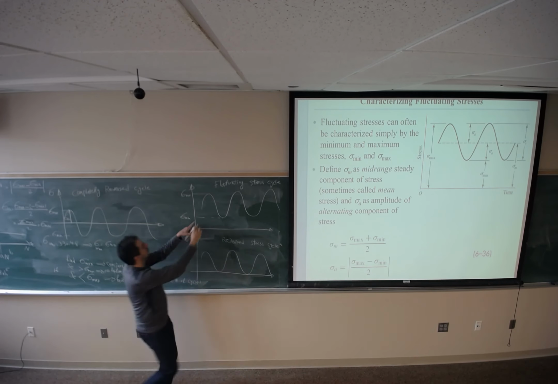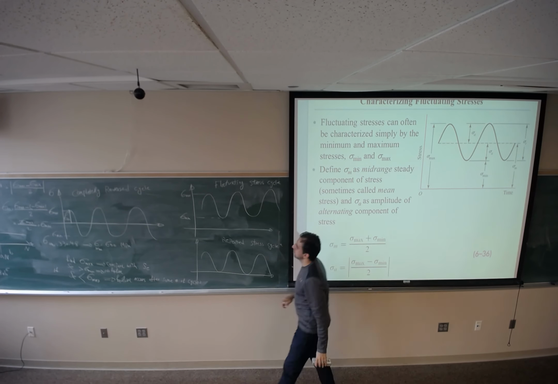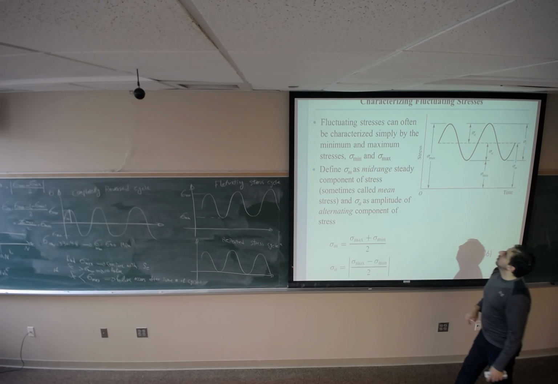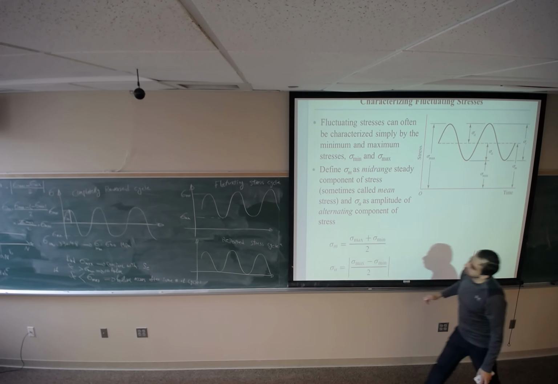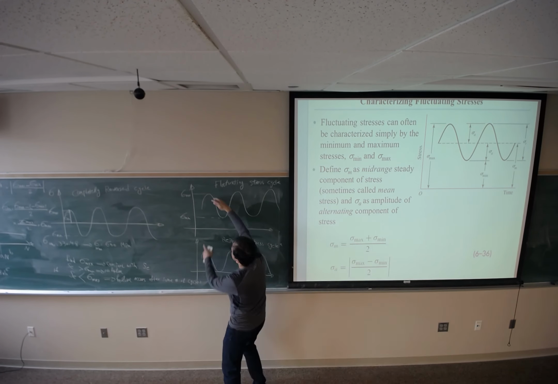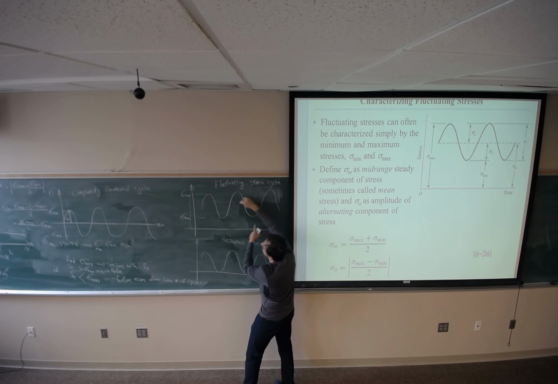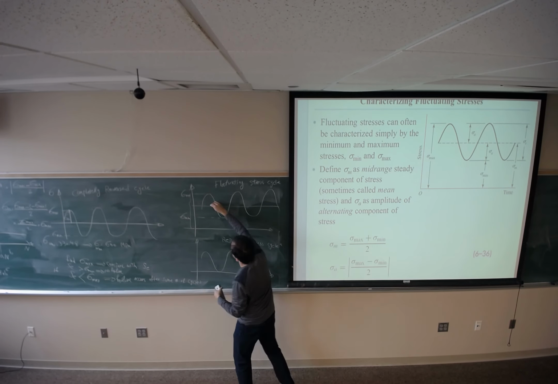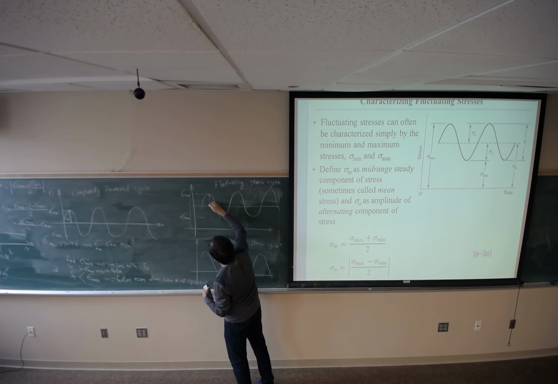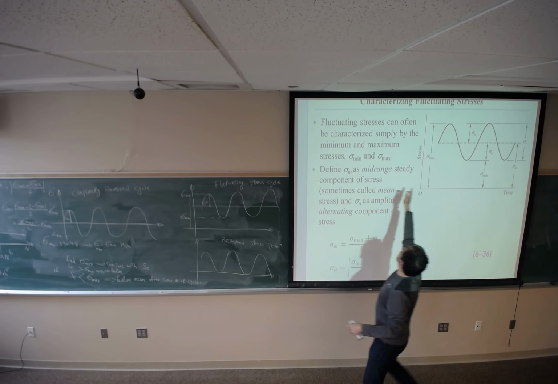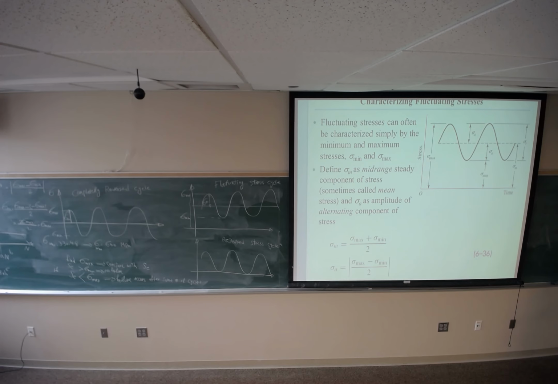Here, this minus this is going to be this one, divided by 2 is going to be half of this, which is this value, as you see on this figure.